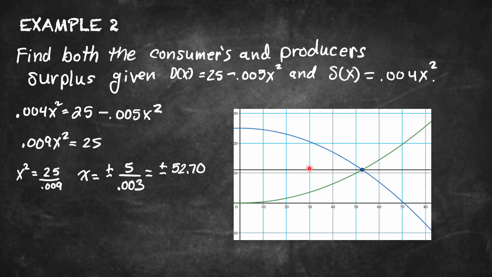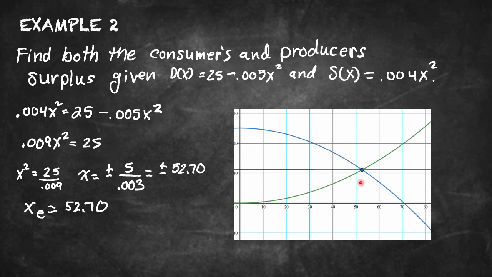At the equilibrium point, the price is the same for demand and supply. So you can plug your x value for the equilibrium point into either function and you'll get the same answer. Because the supply function has only one term, I thought it might be easier to plug it in there. But you could plug it into the demand curve too and you'll get the same thing.